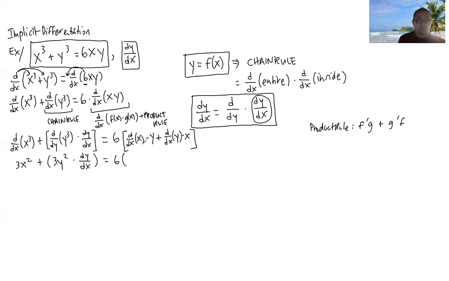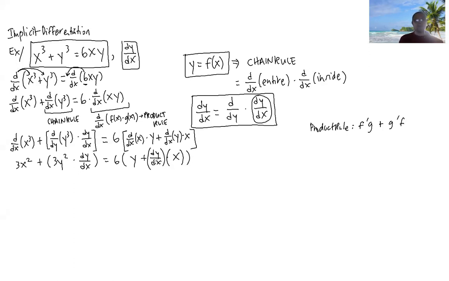Move on to the right-hand side. 6 times, this is just 1, times y is just y, plus, right? This is going to be dy dx, times x, and I'm going to put these in parentheses so we don't miss them.